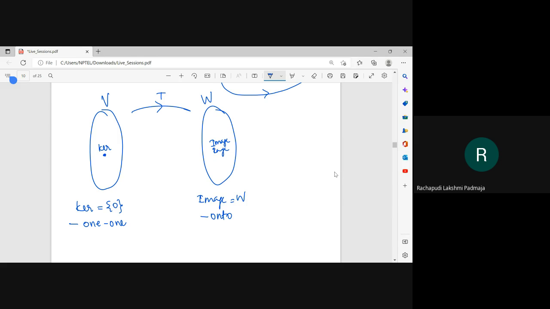The image is the codomain, so it's onto. Fine. So we are actually interested in these smaller ellipses. Based on how big and how small they are, we tell whether the map is one-to-one and onto.